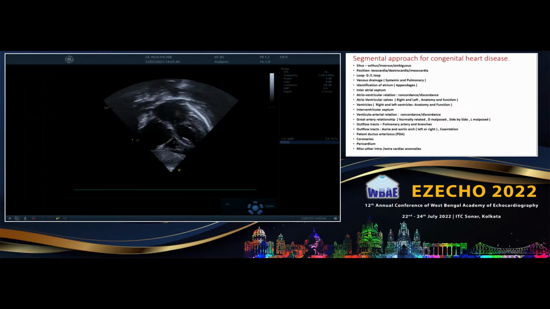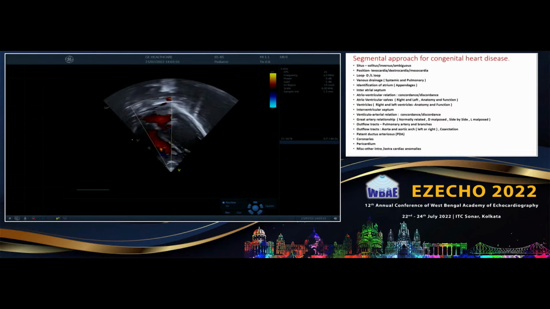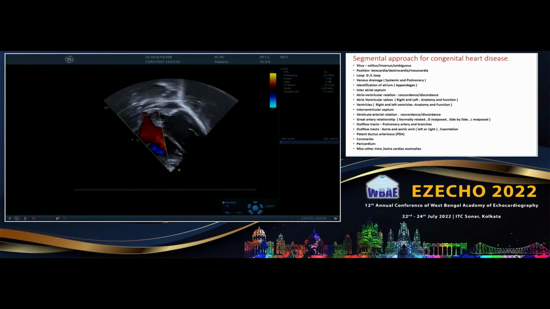If we tilt it a little more, we can see the SVC flow also, the SVC coming from above. This is a red flow coming towards the probe, and this is the SVC flow.